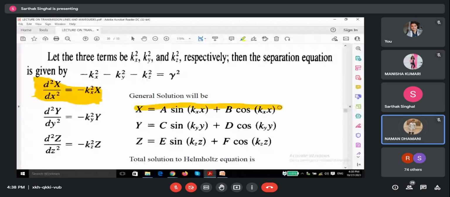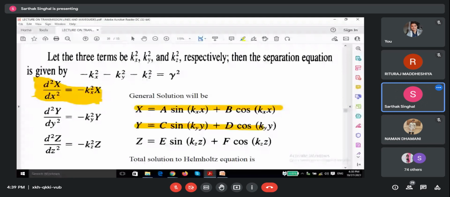Similarly for the y and z. So now we have the value of psi, which is A into sin kx x plus B cos kx x. This is the equation for the magnetic field.